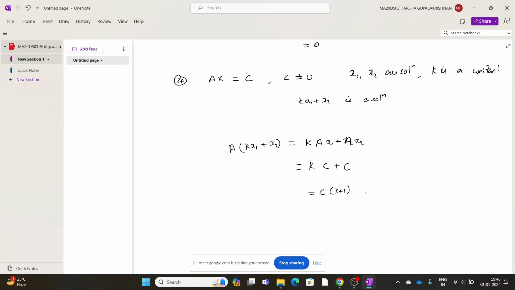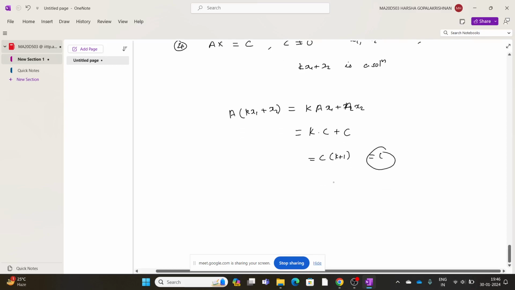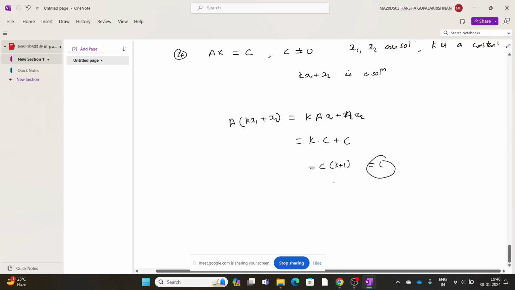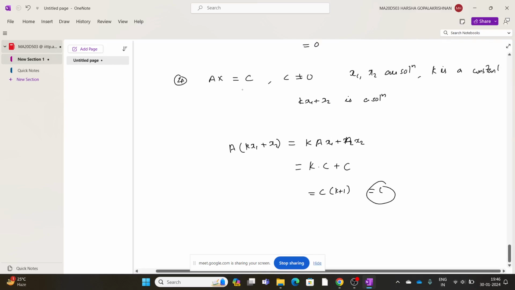But only if it is equal to c can we say kx1 plus x2 is a solution. In general, we are writing k into c plus c. Because x1 and x2 are solutions, will that become 0? No. What is the system here?